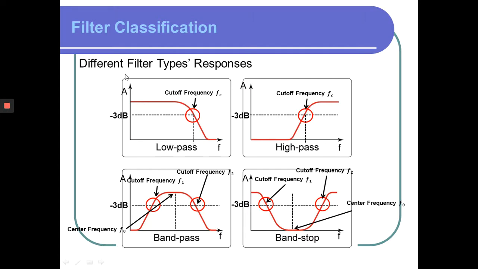So this is how the low pass filter is defined, where we have only one cutoff frequency and the filter definition is done. In a similar fashion, the high pass filter works exactly opposite of the low pass filter in terms of frequency reception, but the principle is the same. Here we learned that as the frequency goes higher, it will reject.